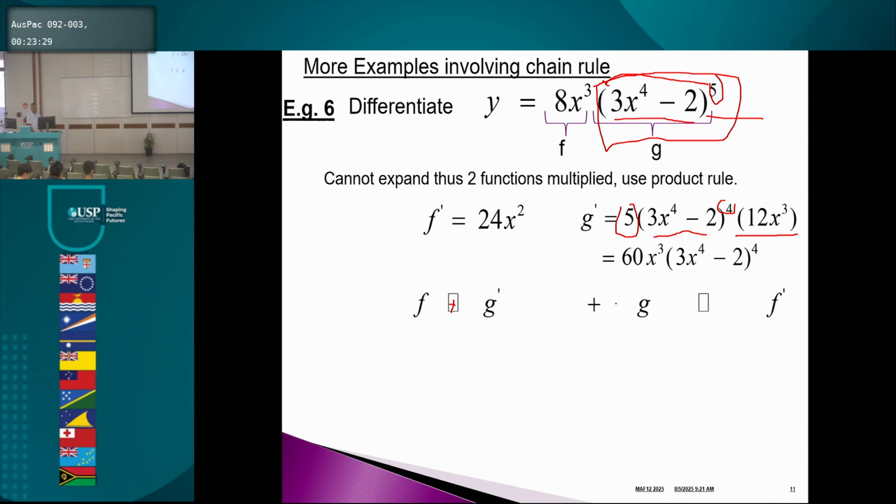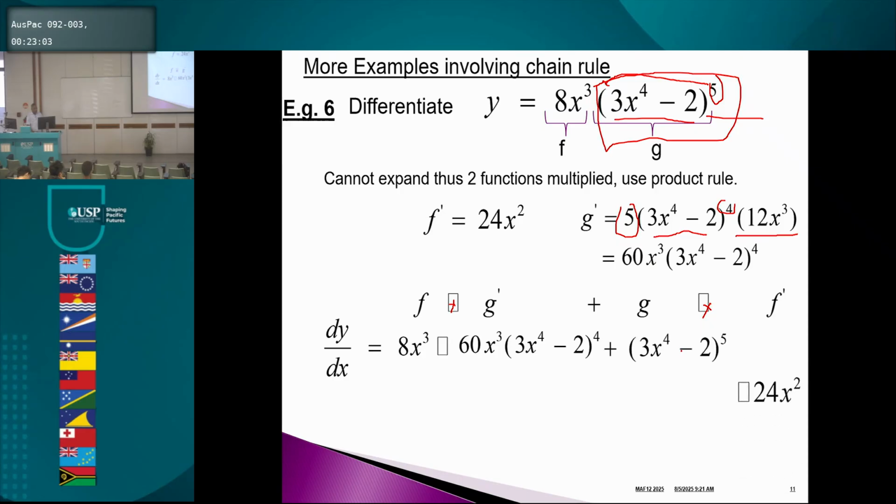F times G dash plus G times F dash. So we'll just slot in those expressions.